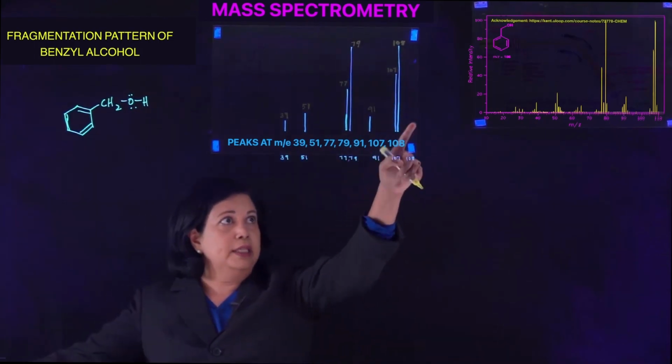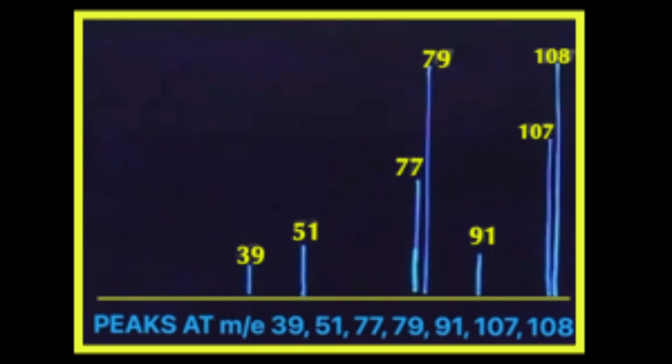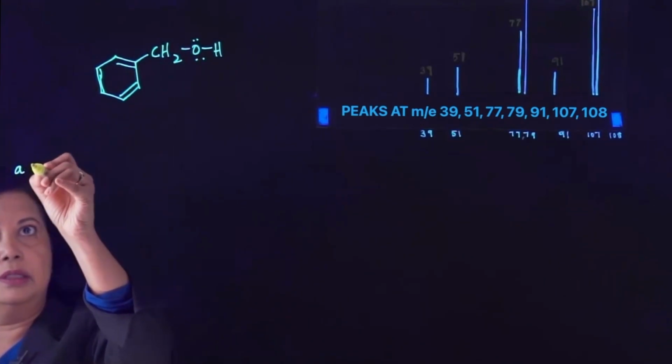Your molecular ion peak is 108. So here is the possibility for that.